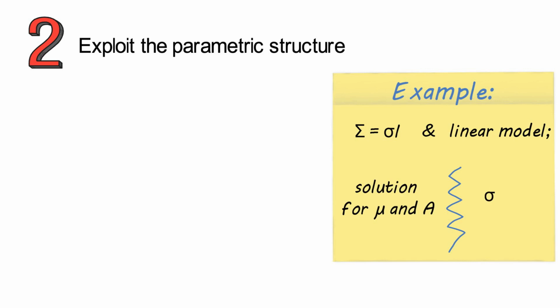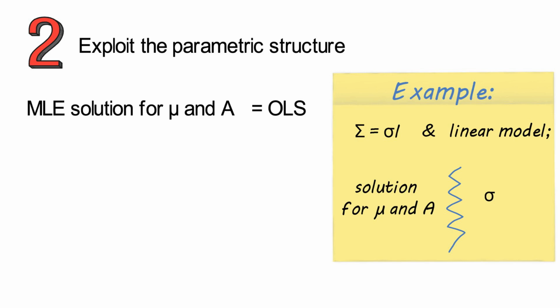You can see that when analytically computing the gradient of the log likelihood function. In that case, the MLE solution for mu and A does coincide with the OLS solution.